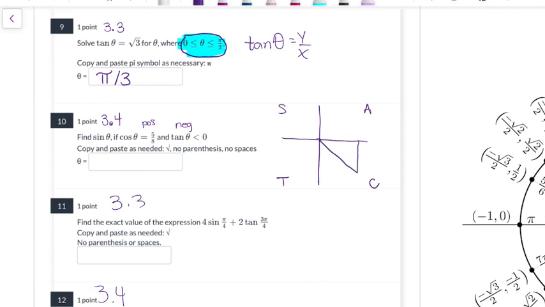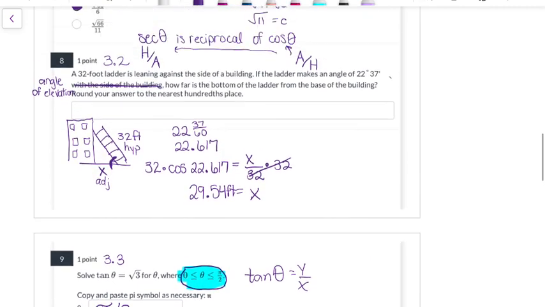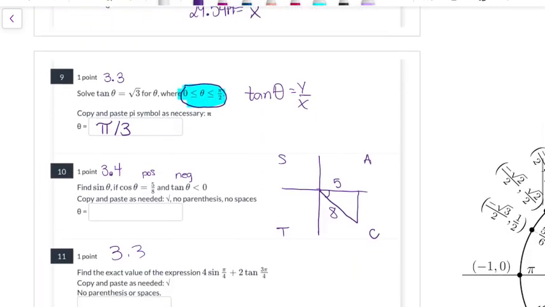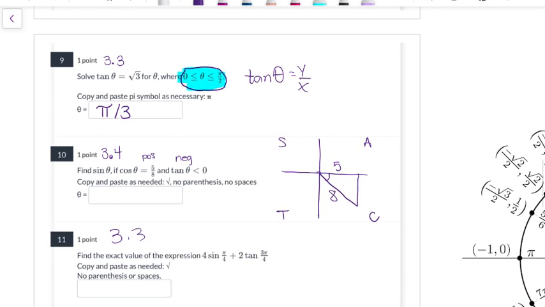So this is the triangle I'm working with. Cosine is adjacent over hypotenuse. So now we have a problem very similar to, I don't remember what number it was, number 7. The difference this time is that I know the hypotenuse. So I know c squared. So that means I have x squared equals 64 minus 25, because I subtracted the 5 squared there.